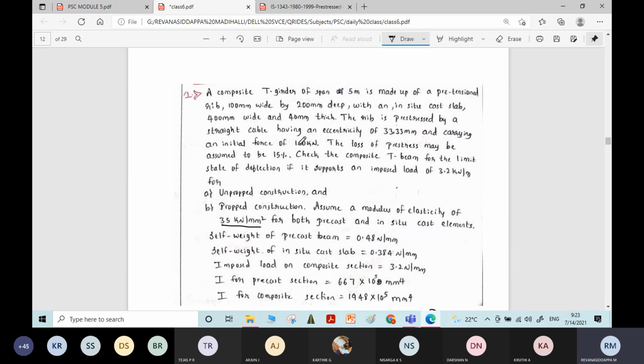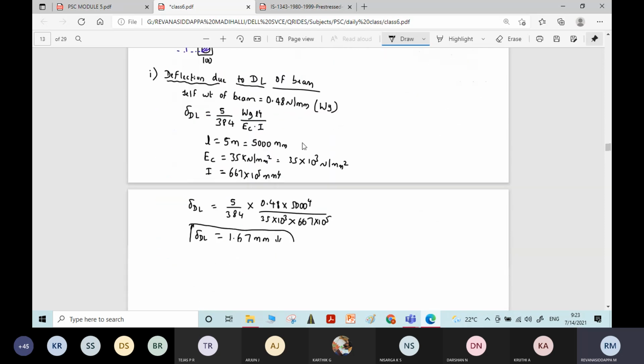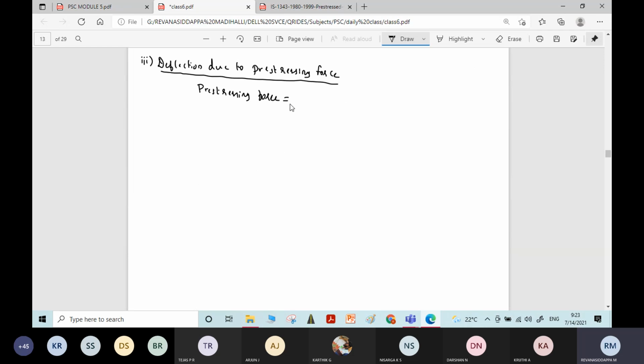150 kilonewton is given. Okay, initial pre-stressing force is 150 kilonewton, and it is said that there is 15% loss in this pre-stressing force. So actual given is 150 kilonewton. Effective pre-stressing force after 15% losses will be equal to how much?